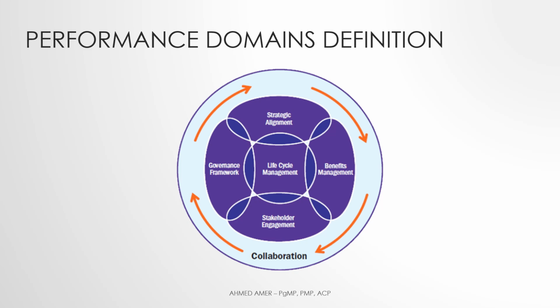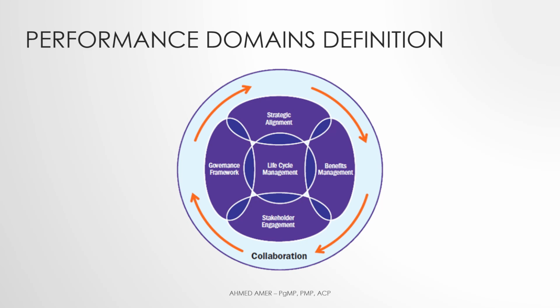Since every program differs in nature and complexity, every program requires some activity in each of these performance domains at any point in time during the entire program lifecycle. Apparently, work within these domains is iterative in nature and often repetitive. The domains' interactions are shown in the demonstrated figure.